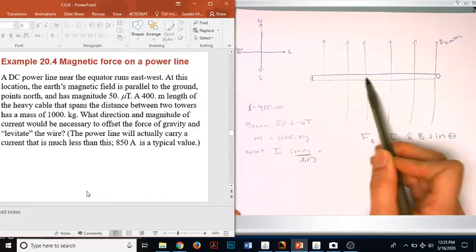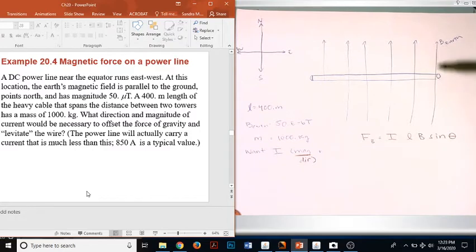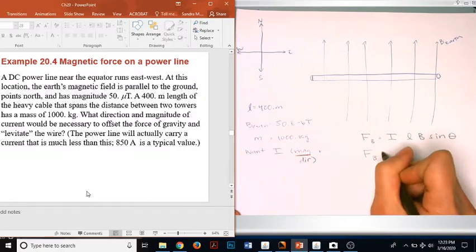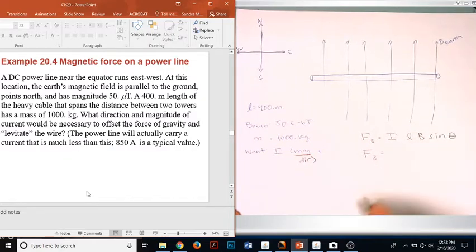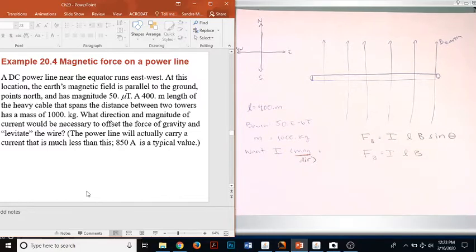Whatever the current is, it's going to travel in this east-west direction, and B is going to travel in this north-south direction. If you plug sine of 90 into your calculator, you should get 1. So what we are really looking for is this maximum force, that is I times L times B.